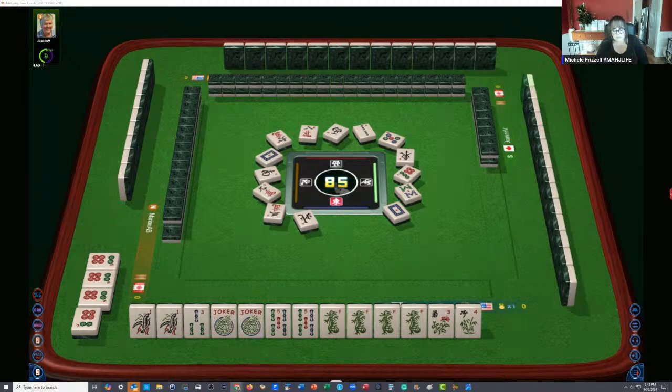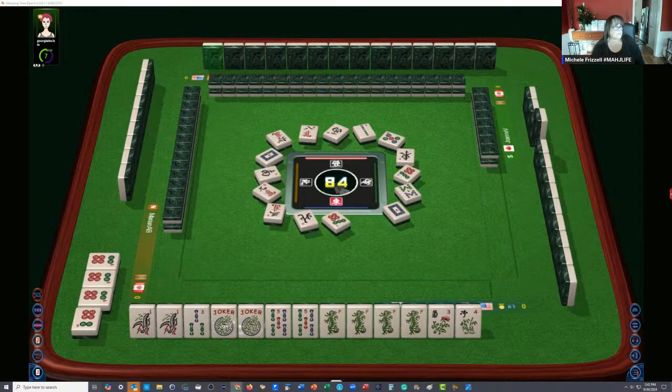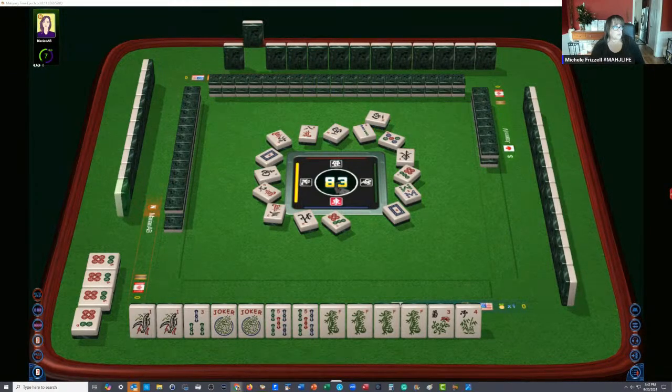Let's see. 7 dots. But you want to be very mindful about your reason for passing blind. Here's the wiki article for after the live stream. You can check that out.